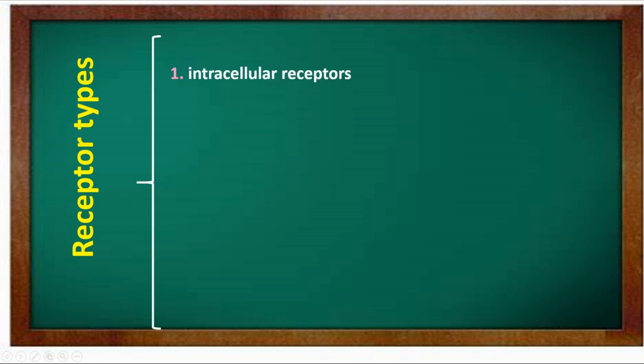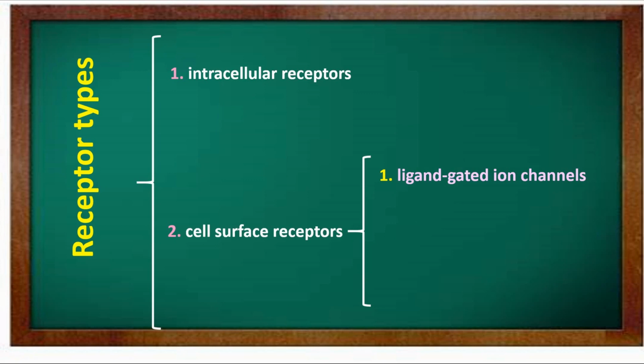Receptor types. Receptors can be divided into two types. Number 1, intracellular receptors, and number 2, cell surface receptors. Cell surface receptors can be divided into three subtypes. Number 1, ligand-gated ion channels.